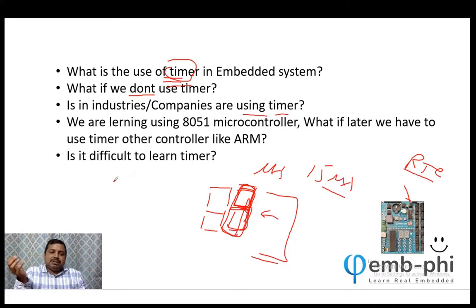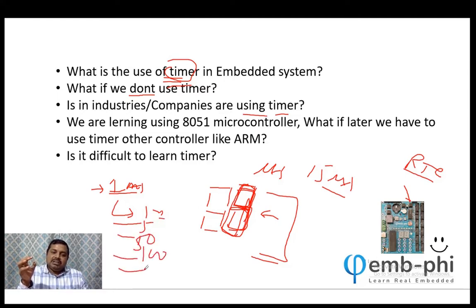Consider we run for 1 millisecond. Whatever timer is provided by the controller, we run it for 1 millisecond, and consider we want timers for 1 millisecond, 5 millisecond, 50 millisecond, 100 millisecond, 500 millisecond, and 1 second. So using one timer itself, we serve many different things.